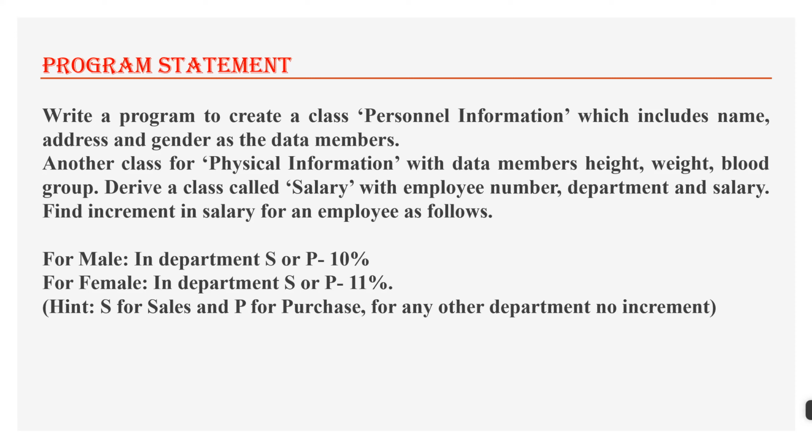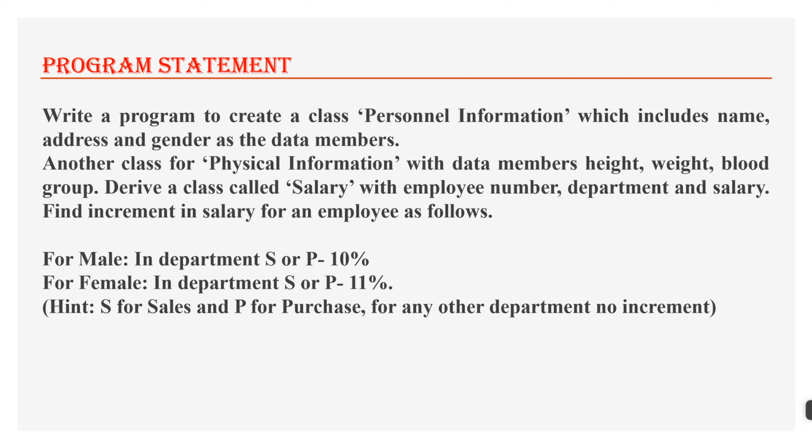Now, here the problem continues. You have to find out the increment on a salary on the following basis. If an employee is male, how do you come to know whether he is male or female? From personal information. And the department.